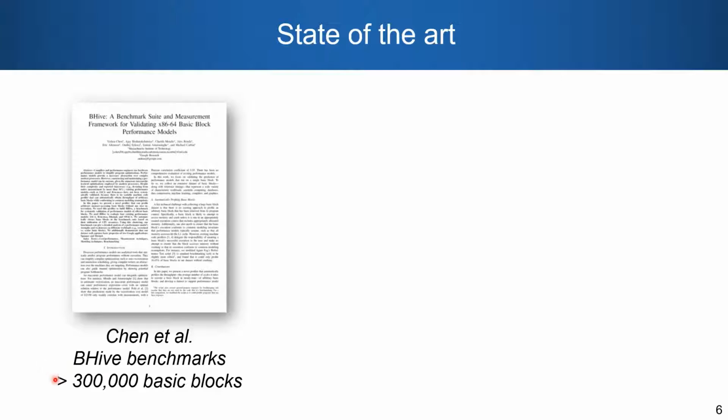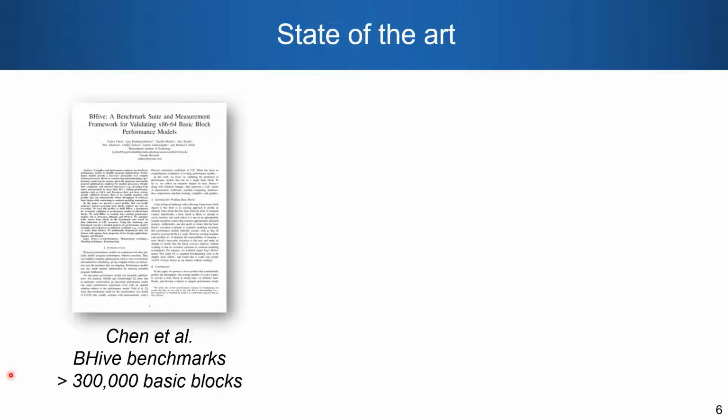In addition to these benchmarks, they also developed a measurement tool that can measure the throughput in a way such that it is supposed to correspond to the common modeling assumptions of previous tools that we have seen on the previous slide. This tool, for example, makes sure that the basic blocks are executed in a way such that there are no cache misses.